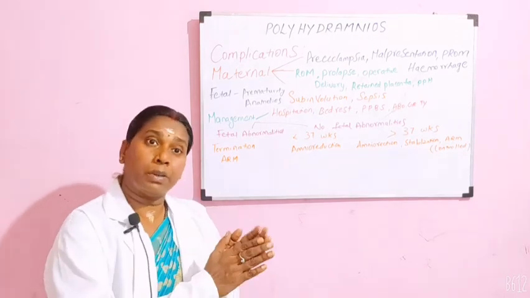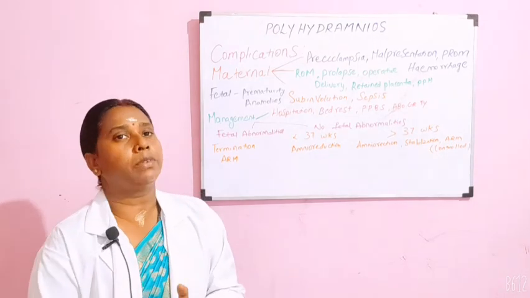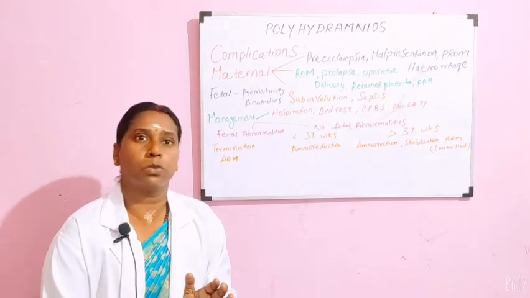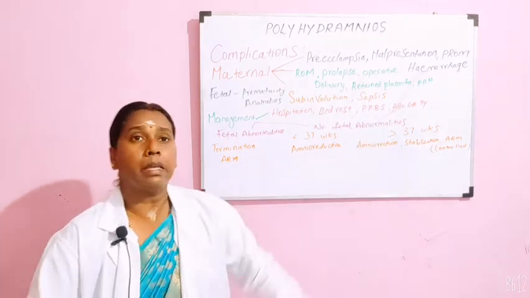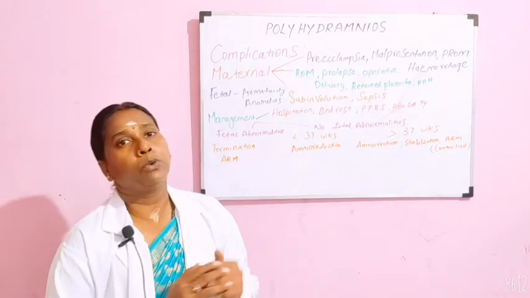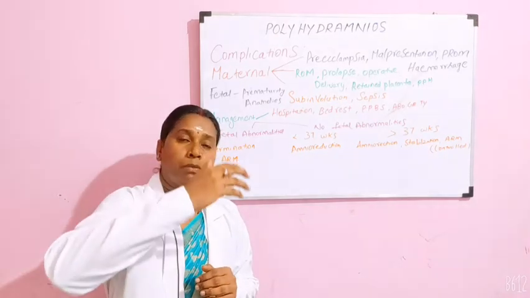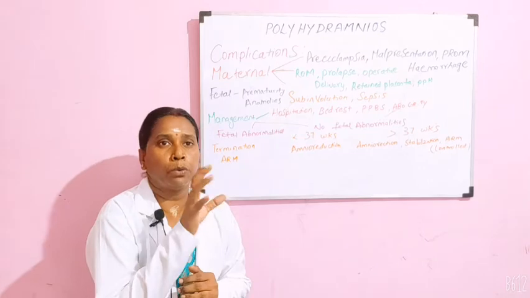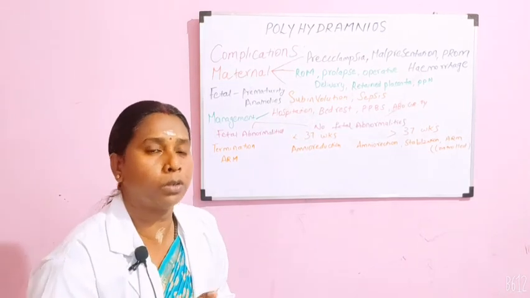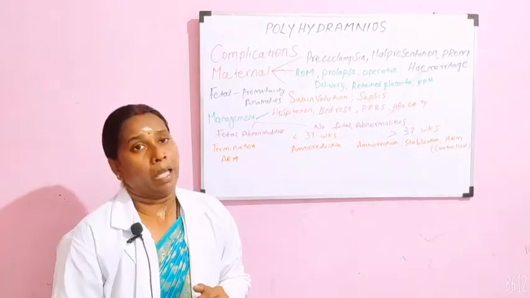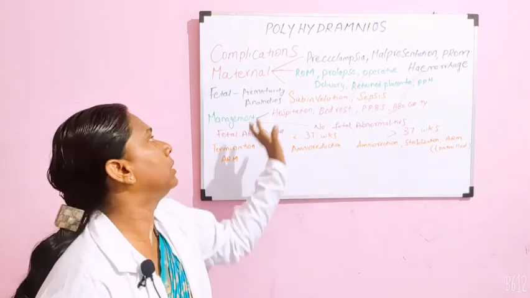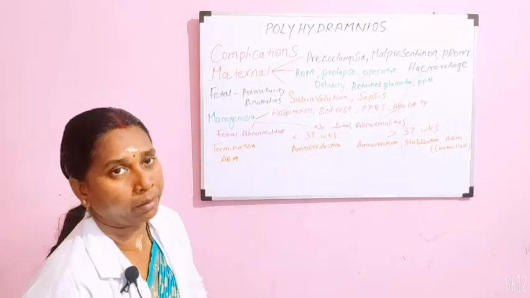When the mother has diabetes, the fetus can also have diabetes, so you have to go in for diagnosis of those conditions also. Then you have to go in for ABO grouping and typing. Already we have seen that ABO grouping and typing is important to rule out congenital anomalies. So you have to look for these areas in the antenatal period.